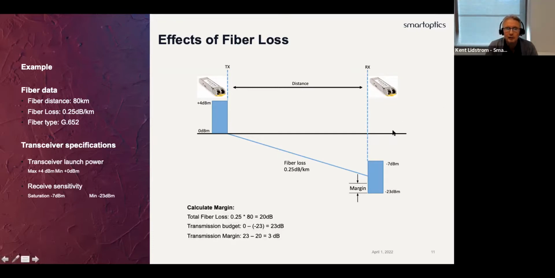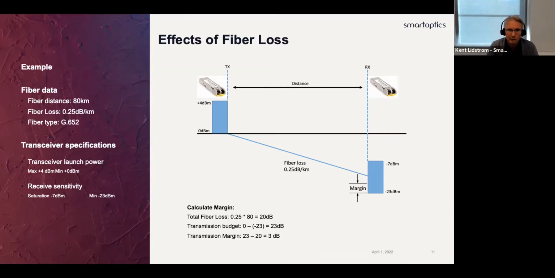if we look at the calculation for that, we have 80 kilometers of fiber with 0.25 dB loss per kilometer. That means we're going to have a total fiber loss of 20 dB. We have a transmission budget that goes from 0 dB, because we have to calculate on the worst case value. So we cannot assume that everything goes out with +4, because it's a range there.